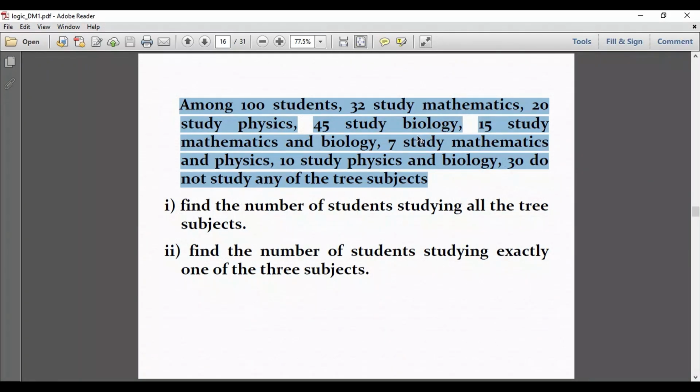M intersection P, 7 they have given. P intersection B, 10 they have given. And 30 do not study any of the three subjects. So what does that 30 mean mathematically, how will you show it, student? Anyone?